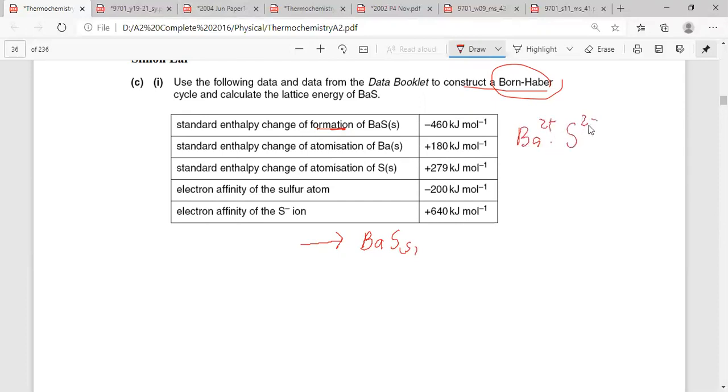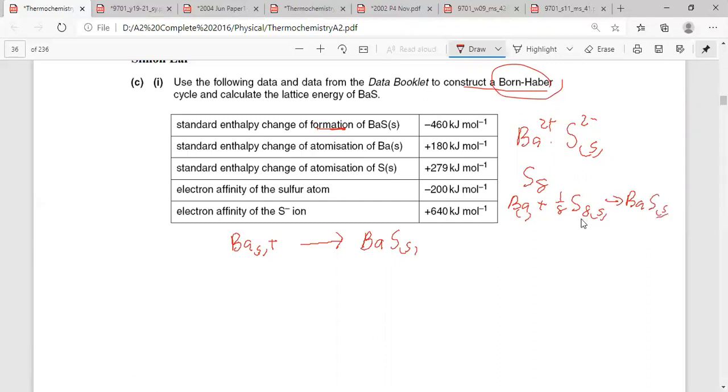You better know. So here's barium, solid, plus sulfur. Here they don't bother, but they may ask you, because sulfur is actually S8. So to be correct, it should be barium solid plus sulfur S8, to be perfect, to give you your barium sulfide solid.